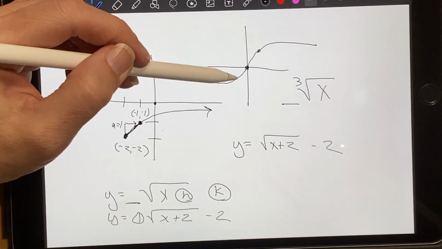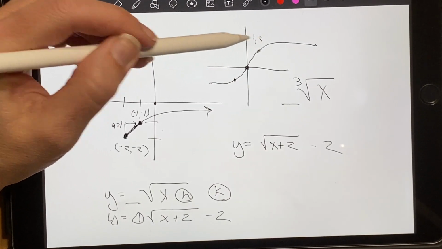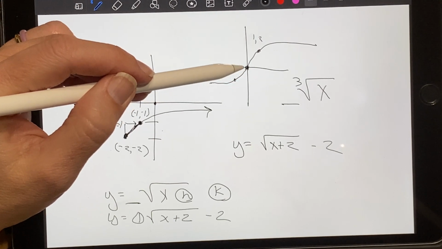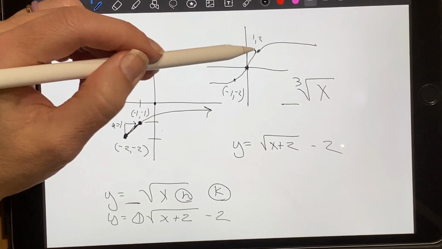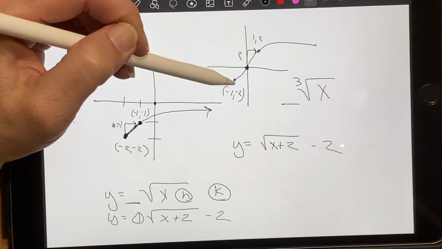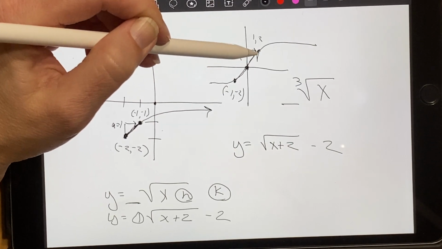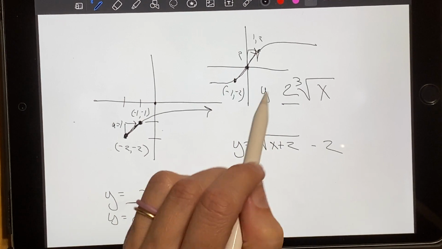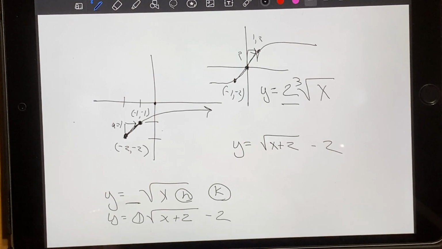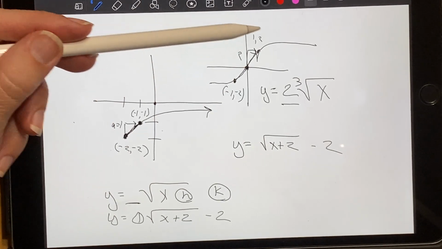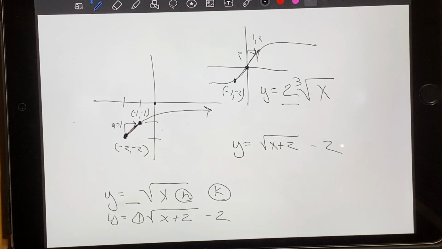So I'm going to find my next point, and maybe this is at (1, 2), and this one is at (-1, -2). And so I say, oh, I have a slope of 2 here. From the one point to the next point, I'm going up, so it's positive. That would be a +2. y would equal 2 times the cube root of x. So that's a way that we can look at the graph and go backwards and just fill in those missing places that we know. So now you know how to graph cubic functions and square root functions.